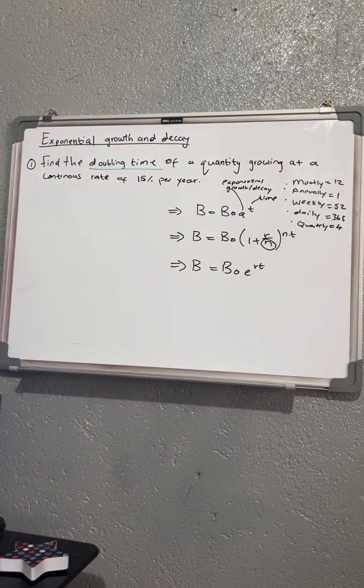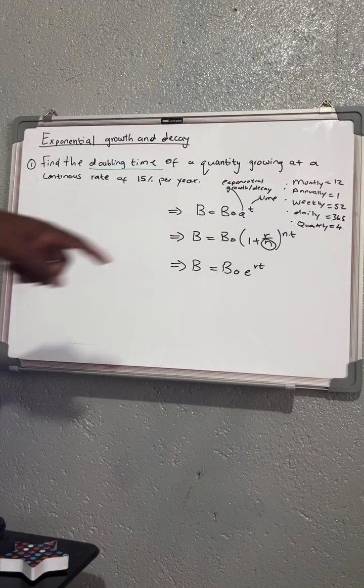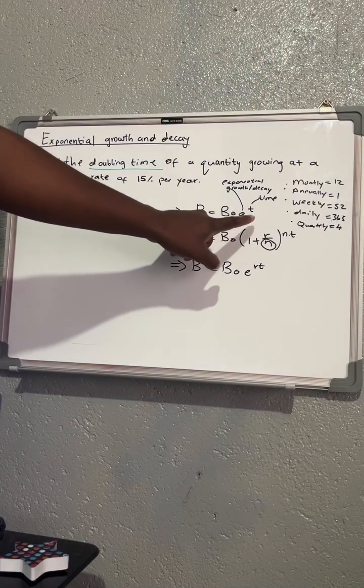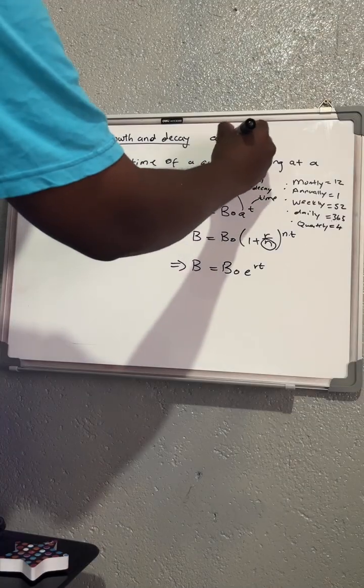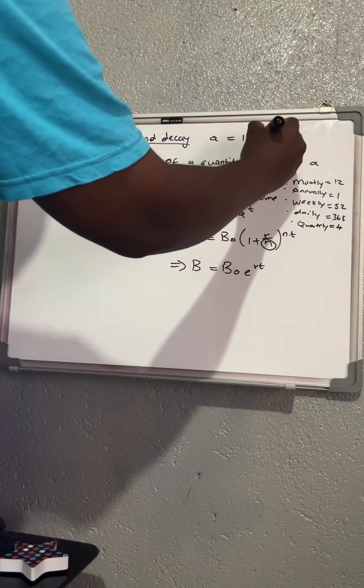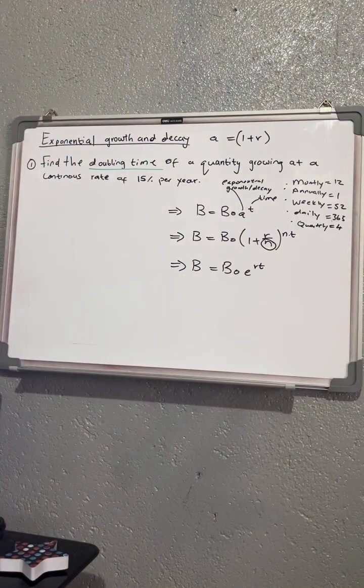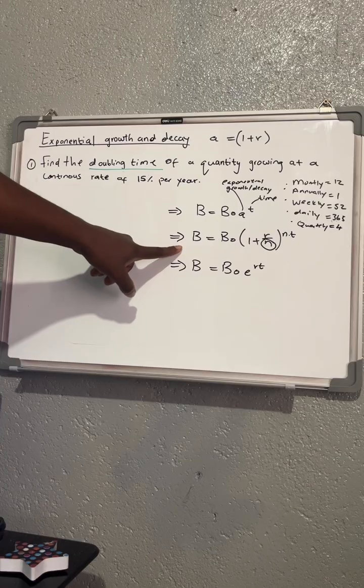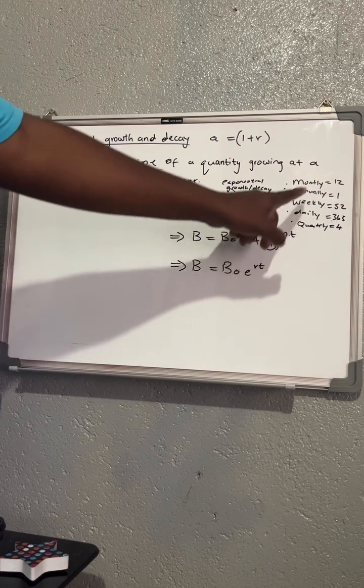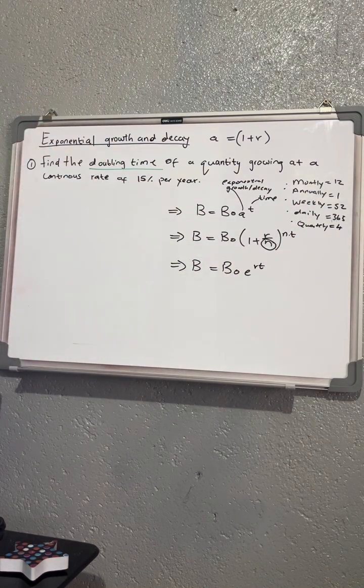So if they just want something that's simple, they would give you your initial balance, then your exponential decay. Then we know our a, it's given as 1 plus your r. They will give you also the rate, and they will give you the time. But for the other one, this is the one where they will tell you that it is compounded monthly, annually, or any of these.